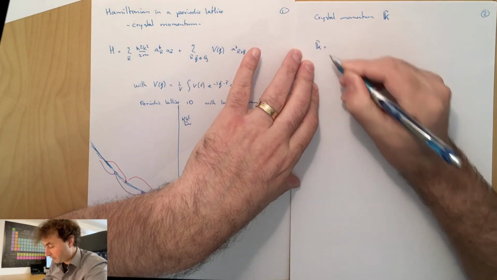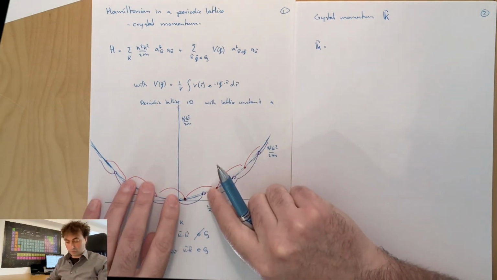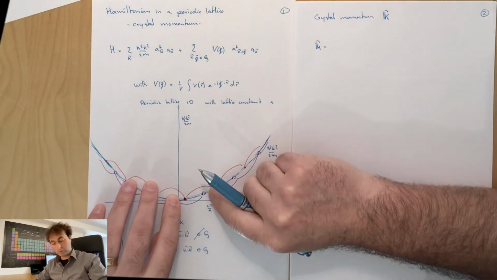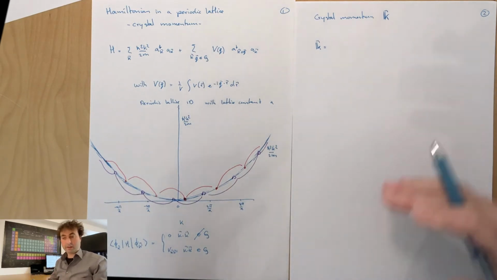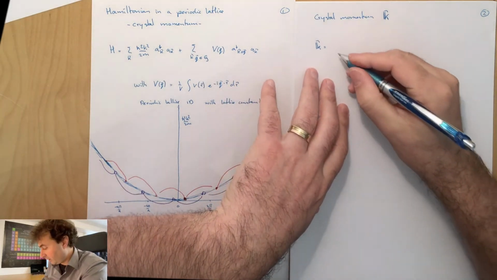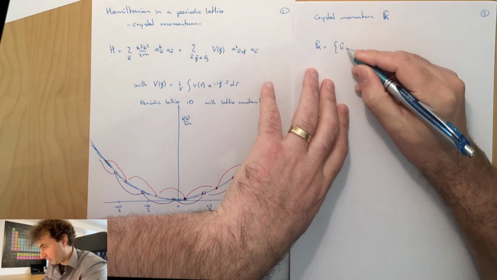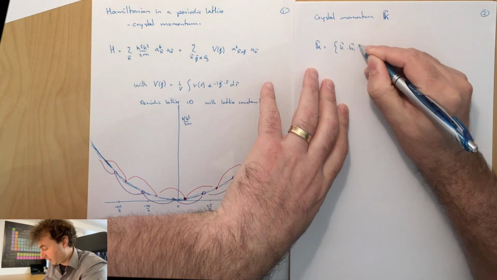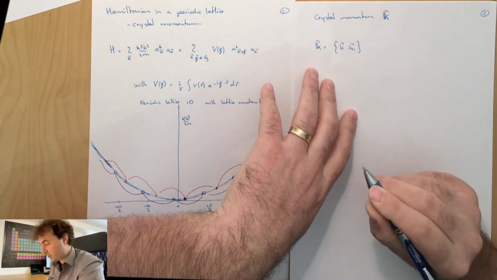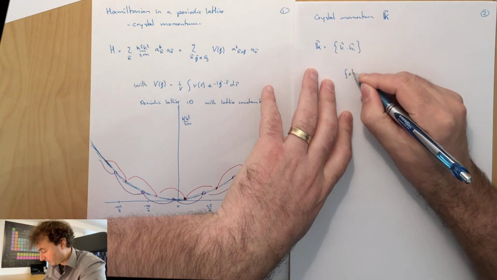Our crystal momentum will be defined as the momentum reduced to the first zone. So we will subtract reciprocal lattice vectors from our momentum, and we can define that by taking the inner product of k with one of the lattice vectors and then taking the positive integer part of that.